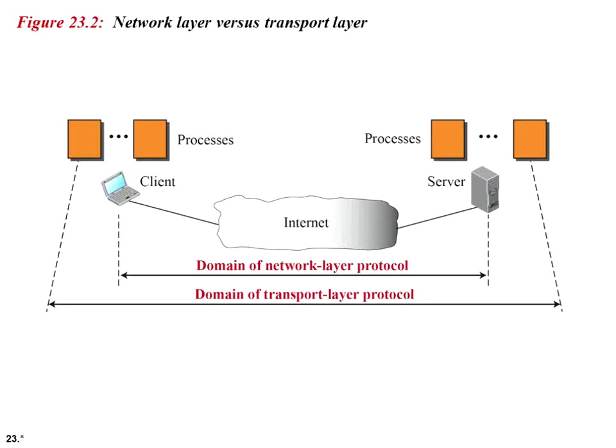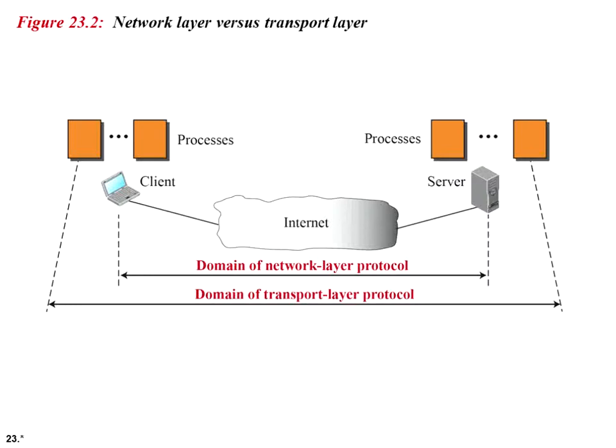Now we know that the first duty of the transport layer protocol is to provide process-to-process communication. A process in an application layer entity, or you can say a running program, uses the services of the transport layer.